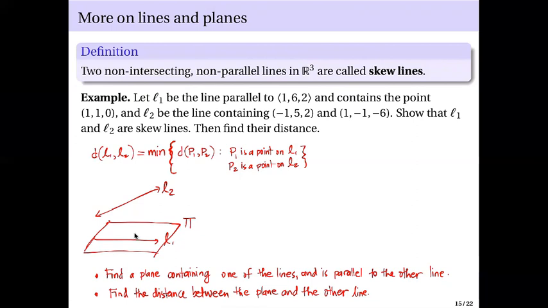In order to do that, we need a normal vector. Correct? We need a normal vector to the plane, and we need a point on line L1. This normal vector to the plane can be calculated using the vector that L1 is parallel to and the vector that L2 is parallel to.